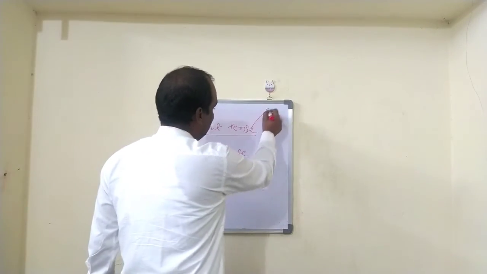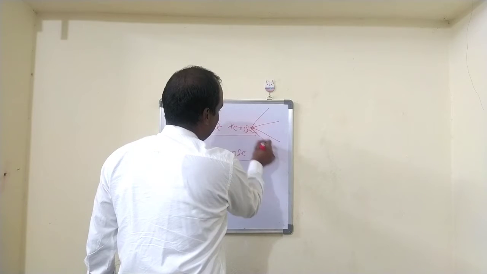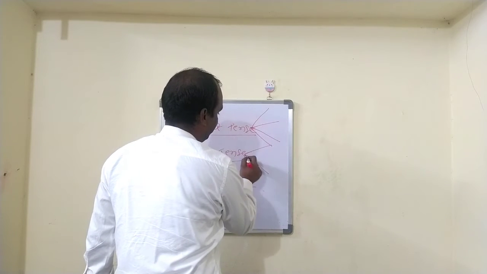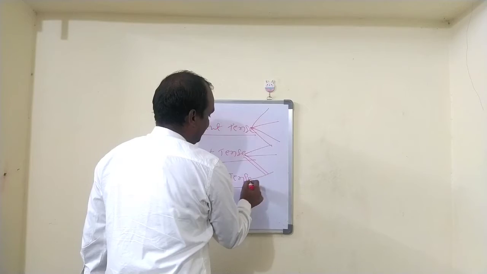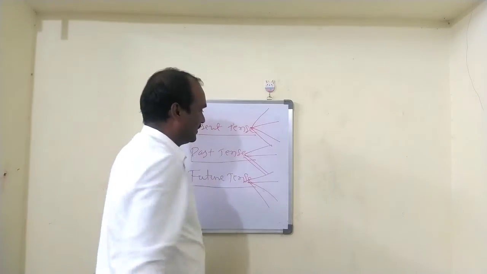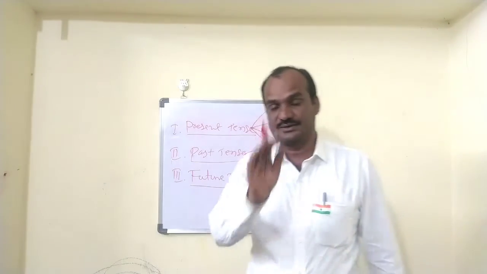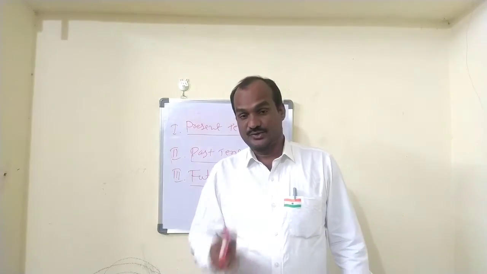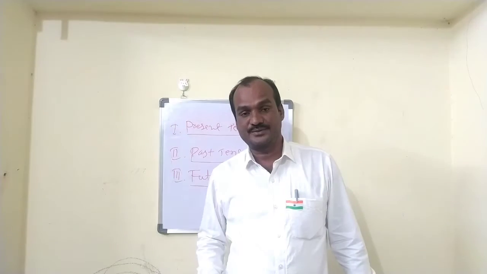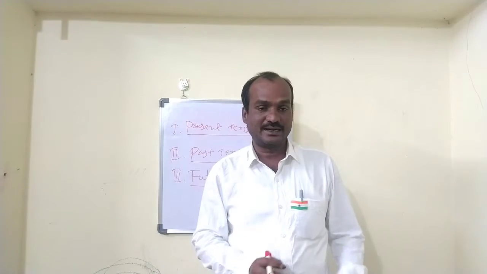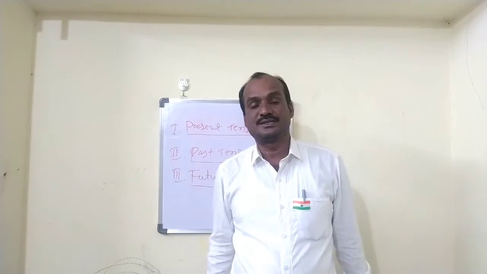Each tense is further categorized into four types. Each tense is further categorized into how many types? Four types. Basically tenses are of three types, and each tense is further categorized into four types. If you learn these four types, you will be able to keep in mind all the 12 tenses easily.